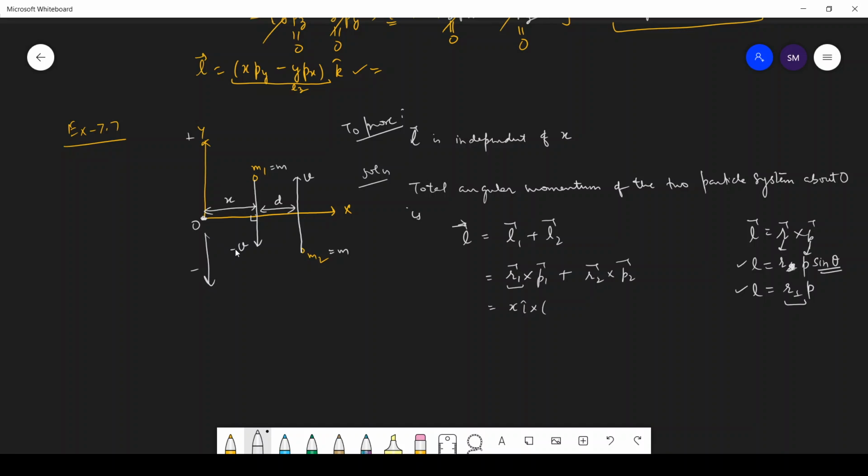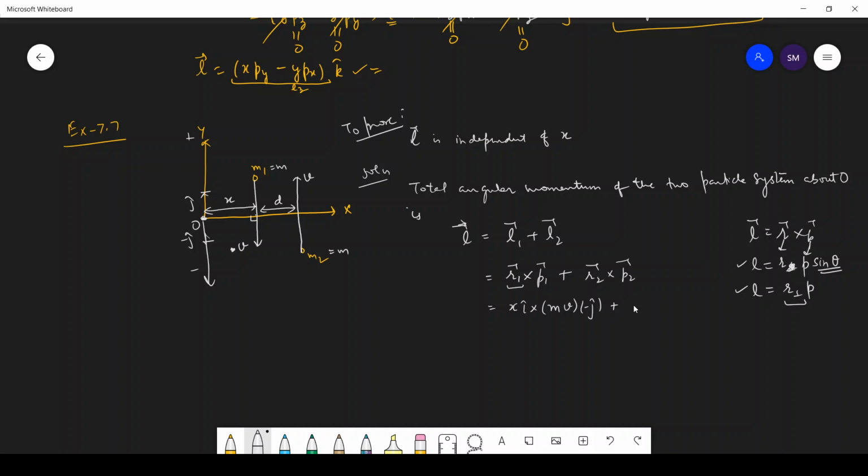So this velocity will be minus. Writing the magnitude v, so mass into velocity, m into v, but this direction, suppose it is j cap, then this direction will be minus j cap. So this into minus j cap plus.